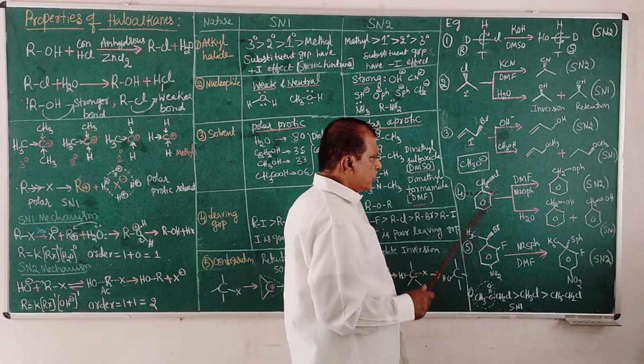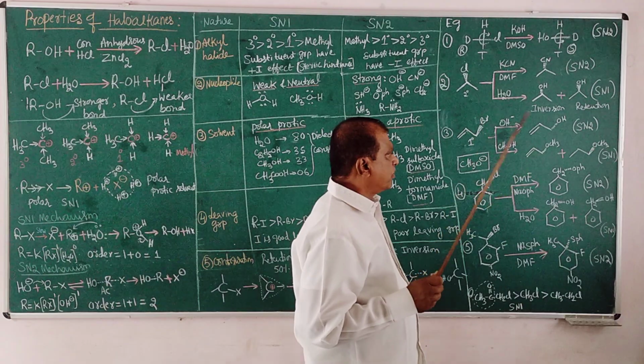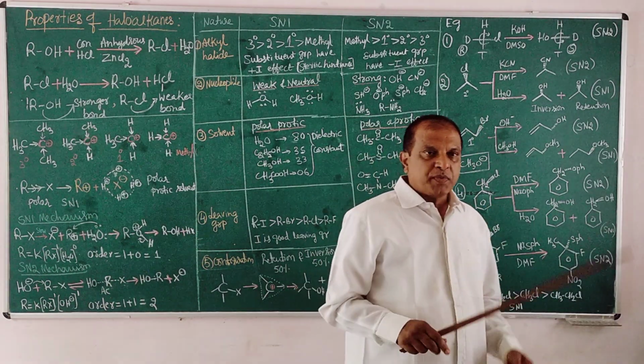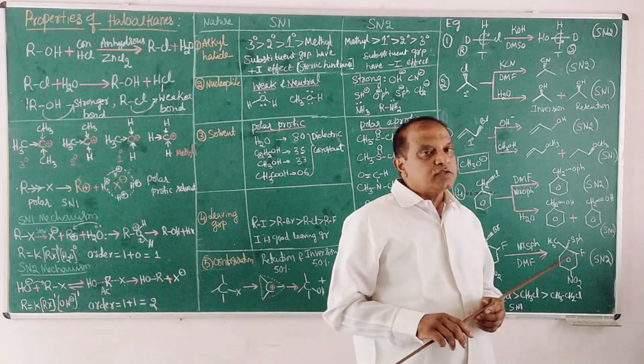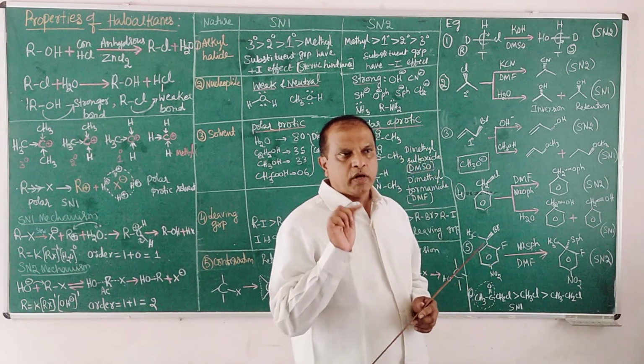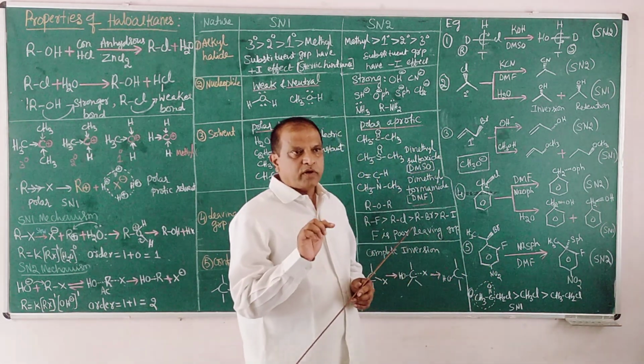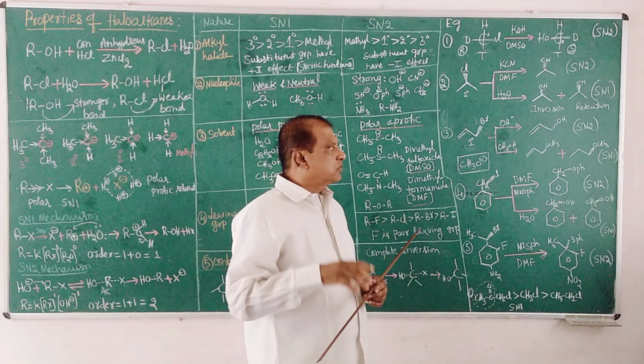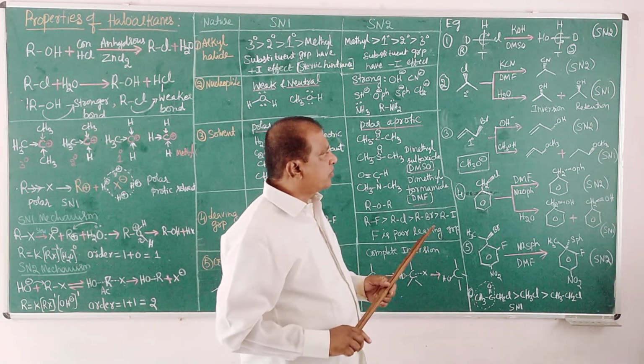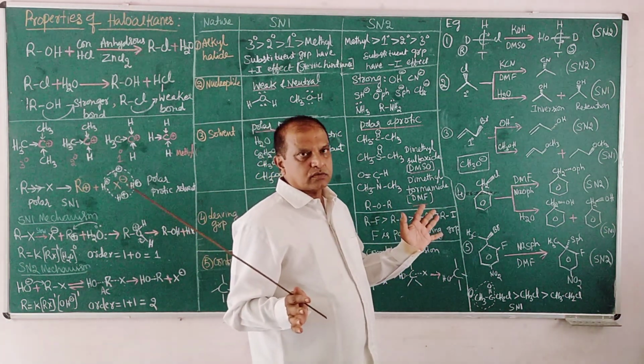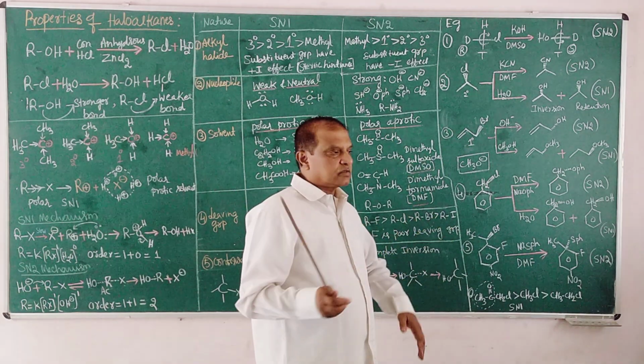If there is only one chiral carbon, we expect only two types of geometry, called enantiomers. One chiral carbon produces two enantiomers, that is R and S.